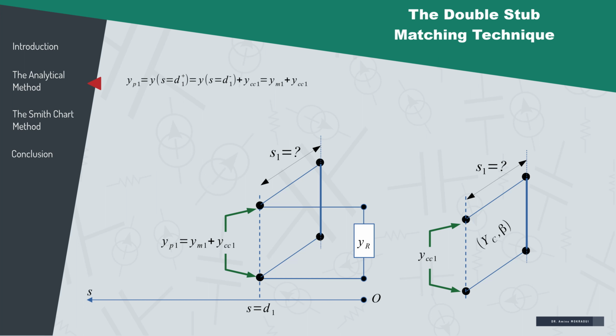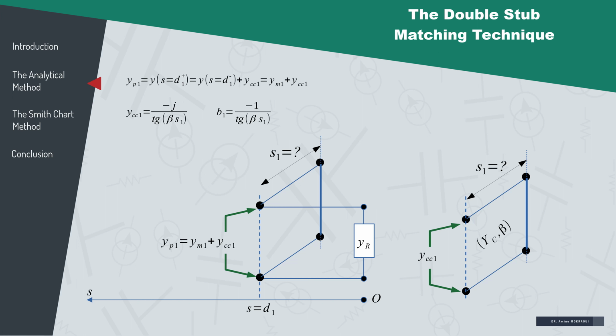From the transmission line theory, we know that the input impedance of a short-circuited stub is purely imaginary. It is related to the line length S1 as follows. yCC1 equals minus J over tangent beta S1. Thus, the stub brings a susceptance b1 equal minus 1 over tangent beta S1 to the input admittance.